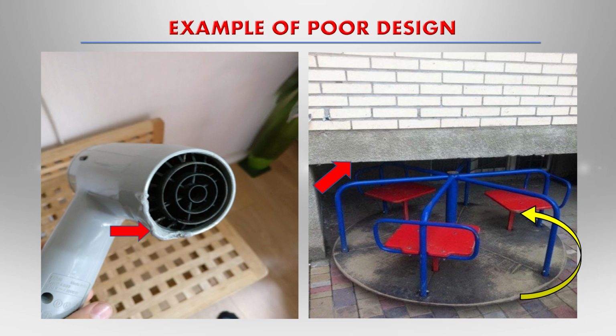As such, it has melted. In the second design, very funny, there is a wall shown by the red arrow. If a person sits on this rotating table and it is rotated, his head will strike against the wall. This is an example of poor design.